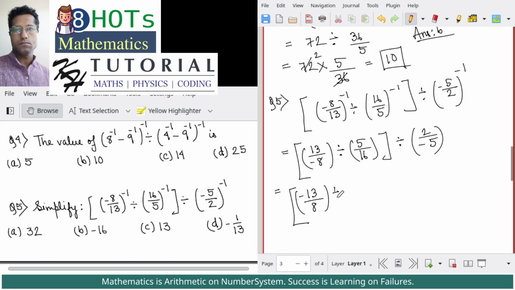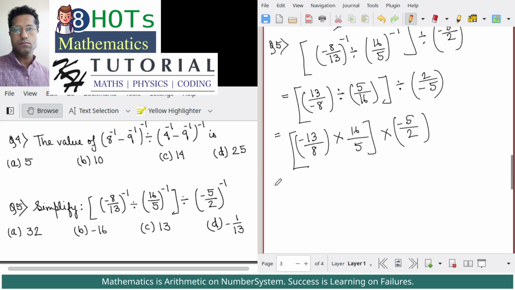So we have this divided by, now the division operation we know will be equal to multiplied by 16 by 5, and this division will also be equal to multiplied by minus 5 by 2. So now we see that it is all multiplication.